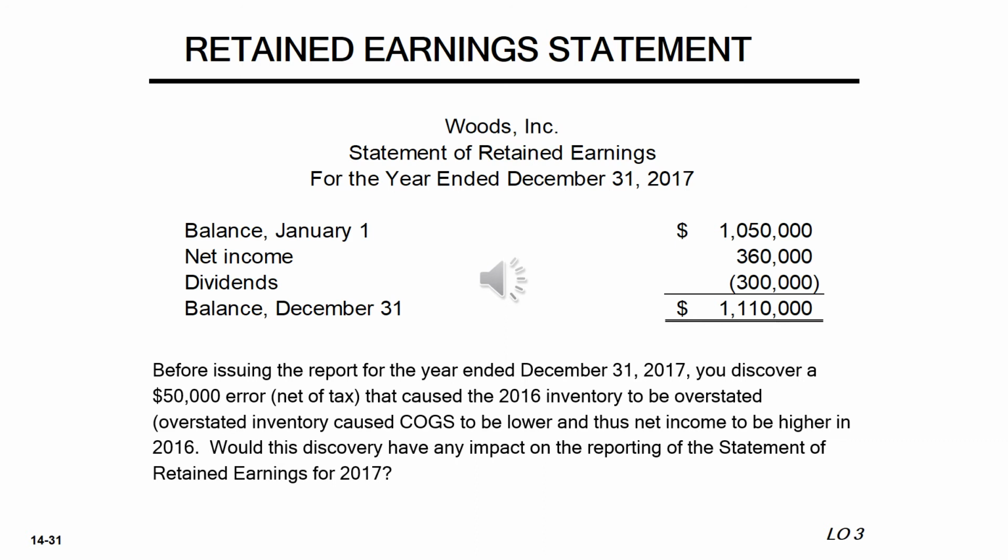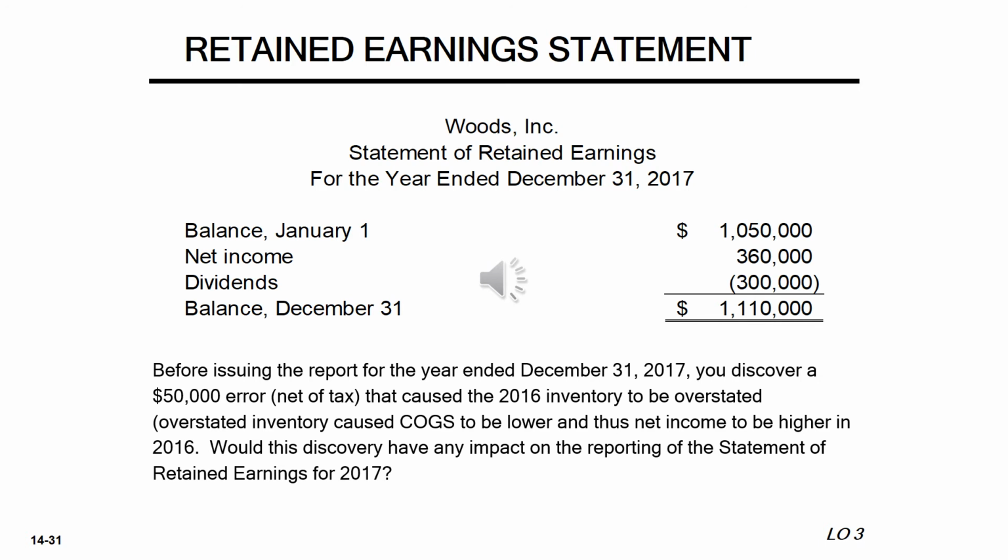And we're going to take out any dividends paid out to our shareholders. With this, we can close the balance for the current year, 2017. So we're going to close it at $1,110,000.